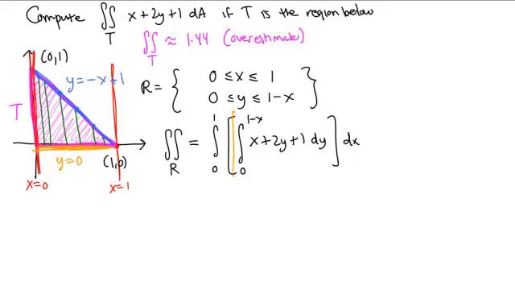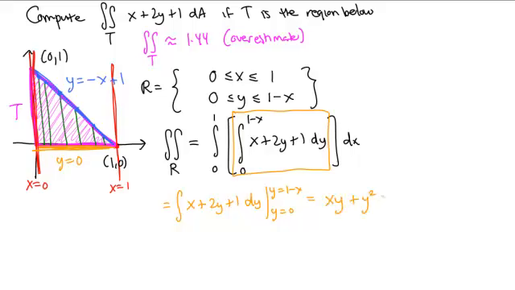So let's focus on the inside bit first. According to the fundamental theorem of calculus, the inside bit will be the antiderivative of x plus 2y plus 1 dy, evaluated from y equals 0 to y equals 1 minus x. If we get an antiderivative, it would be xy plus y squared plus y, evaluated from y equals 0 to y equals 1 minus x.